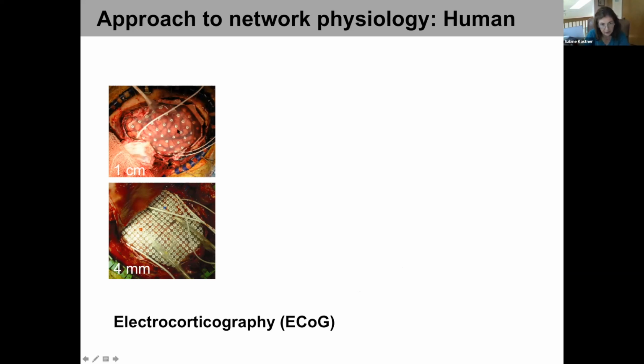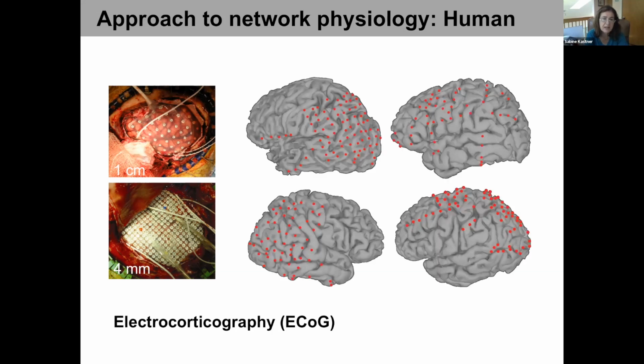You see here two intraoperative scenarios of implantations of a denser and a less dense grid. These implantations serve diagnostic purposes to prepare the patients for neurosurgery to remove their epileptic tissue. So there's absolutely no scientific goal regarding the implantation sites, and for that reason, we see quite variable coverage from patient to patient. I show you four examples here.